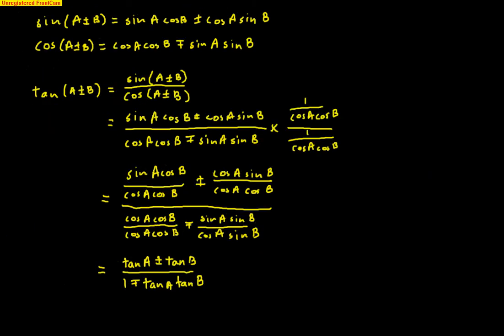So I've kind of skipped ahead a little in terms of the writing, so I'm just going to explain what I've done to establish the tan sum and difference formula that we have here. We've got a summary of our sine and cos sum and difference angle identities here. Remembering that tan is sine on cos helps us to get to here.